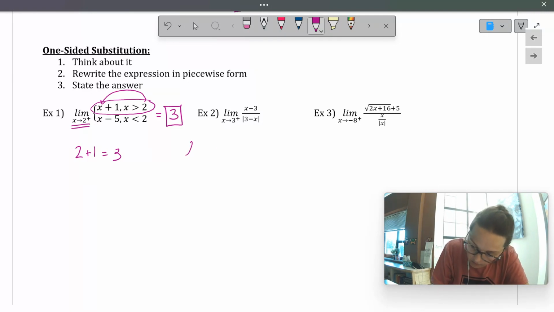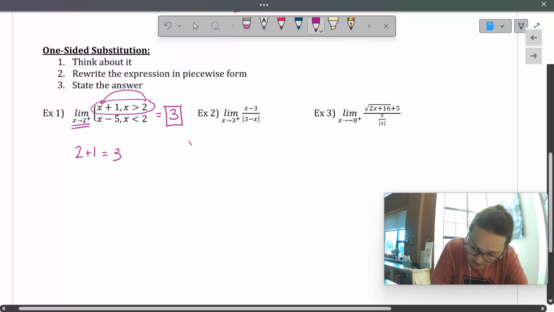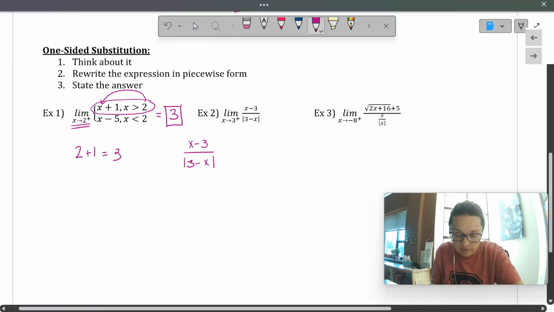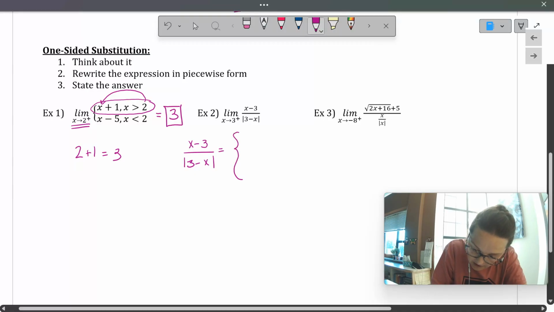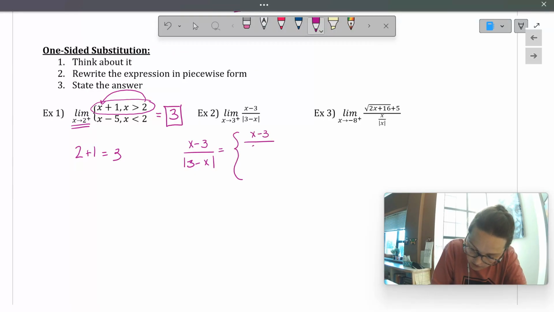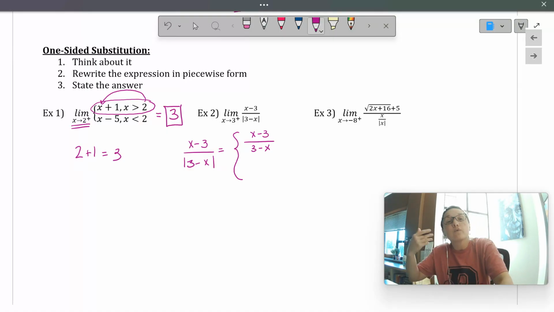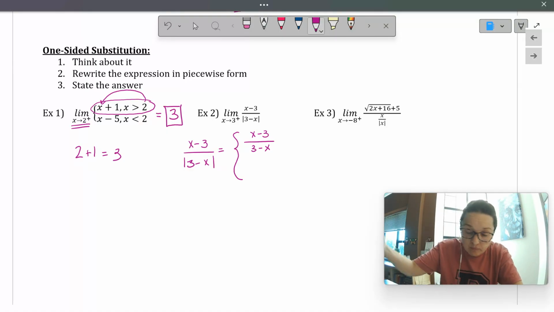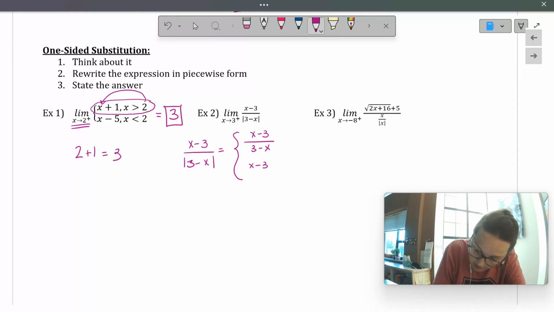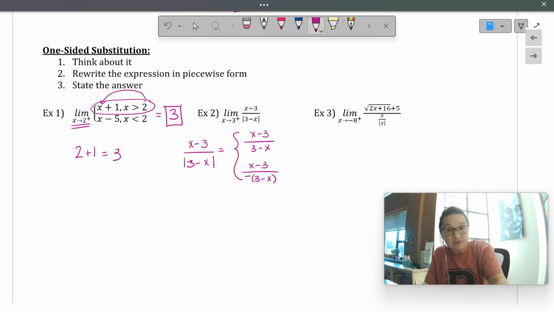So let's see. I'm going to rewrite this and say x minus 3 over the absolute value of 3 minus x is the same as x minus 3 over 3 minus x for when the inside is already positive, but it's going to be x minus 3 over negative (3 minus x) for when the inside would have been negative, and therefore we'd negate it to make it positive.